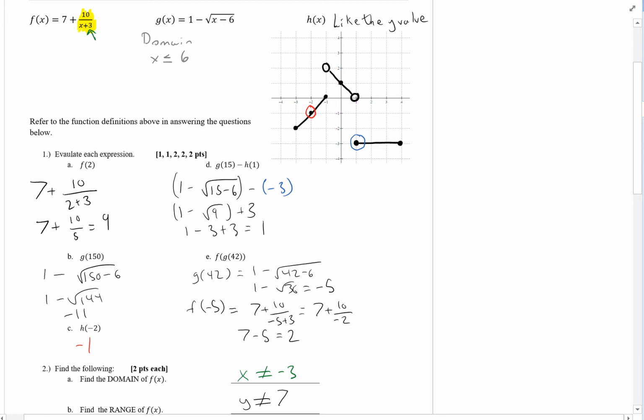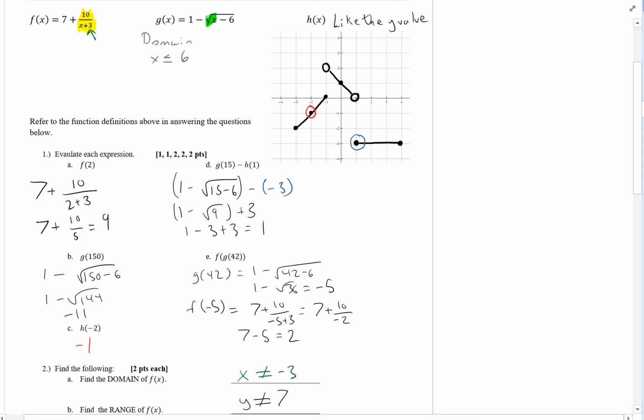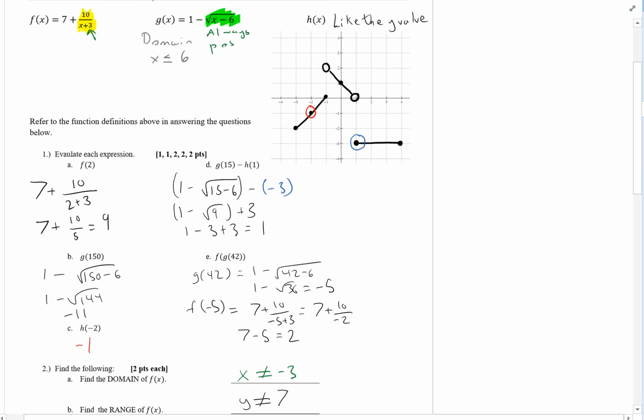So the output of a radical is always positive, right? Whatever x you put in, it gives you an always positive. So if it's 1 minus always a positive, that means the highest number it could be is 1, right? 1 minus a half is a positive number. 1 minus a quarter is a positive number.